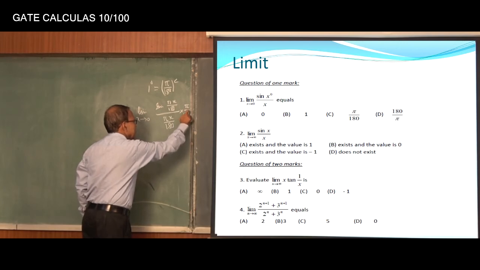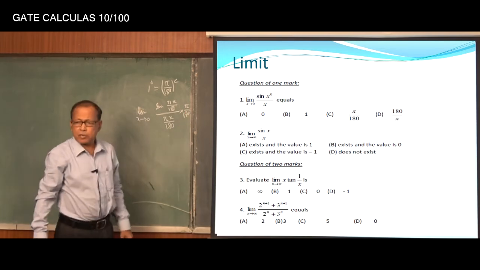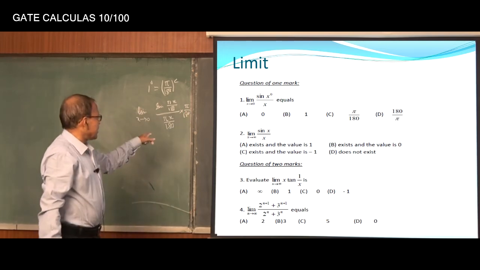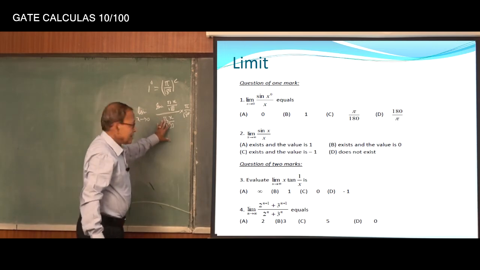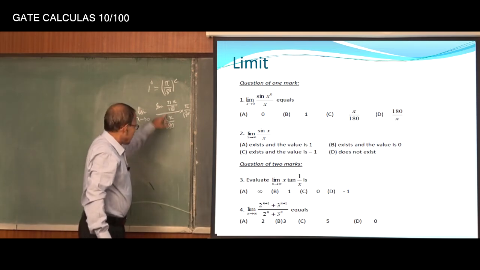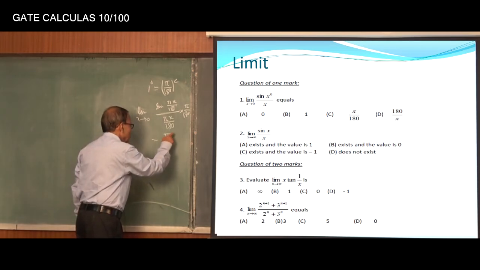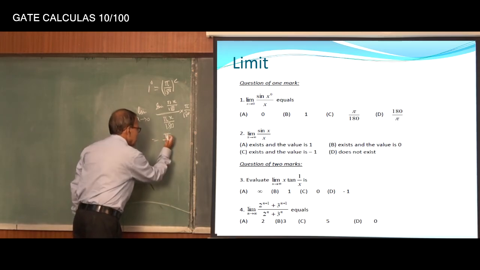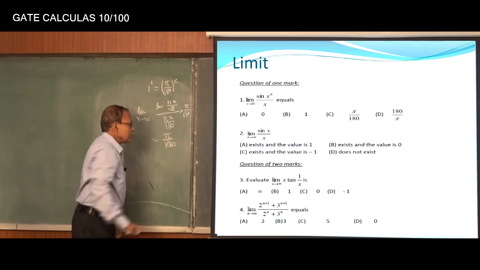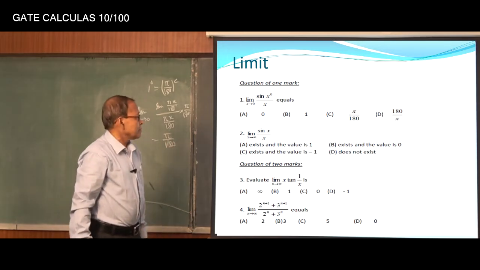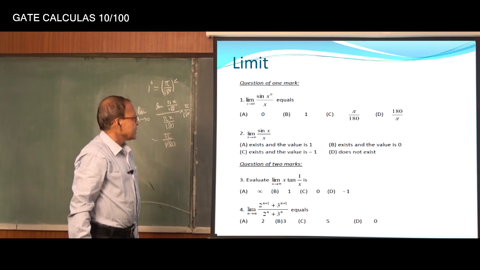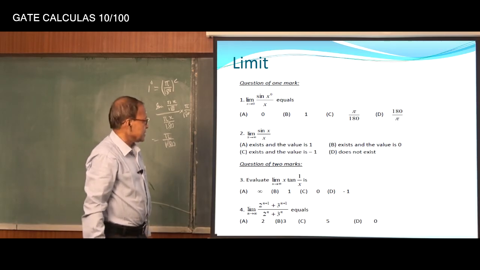This is a question of 1 mark, so the calculation will not be lengthy. Into pi by 180, and this limit is 1. Suppose this is y, sin y by y, this limit is 1. So, the answer will be pi by 180. Though without any thinking, some can write the answer as 1, some can select the answer as 1.